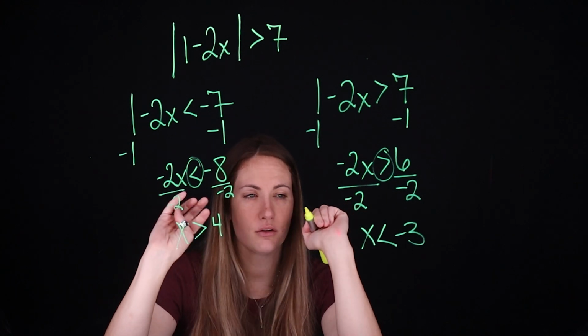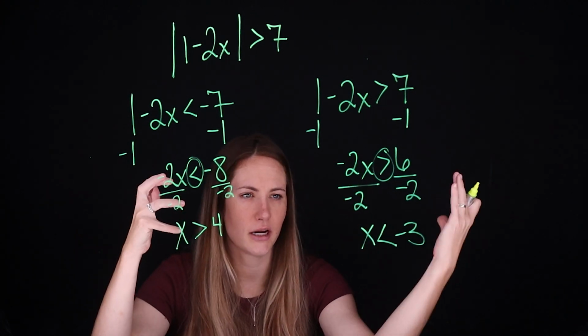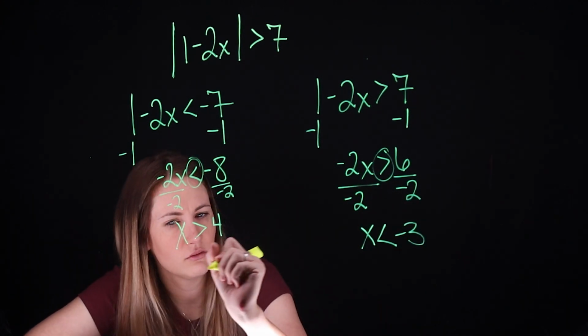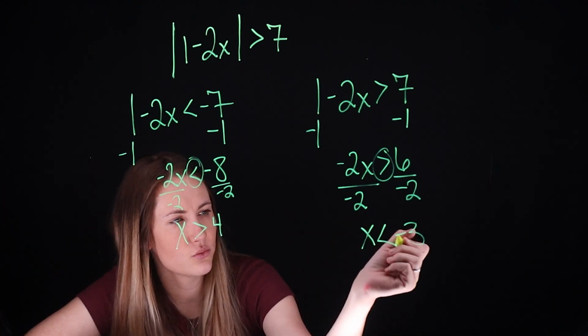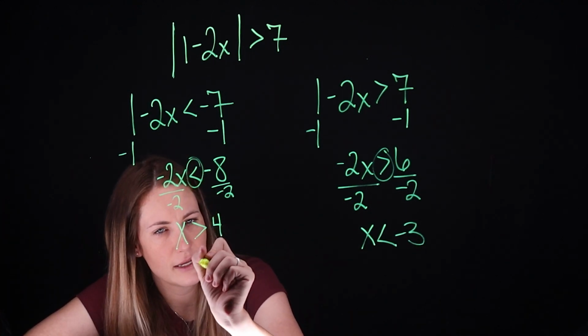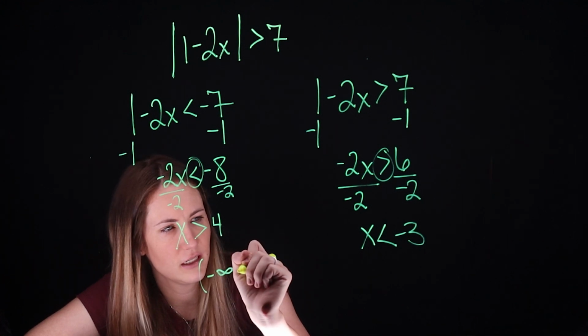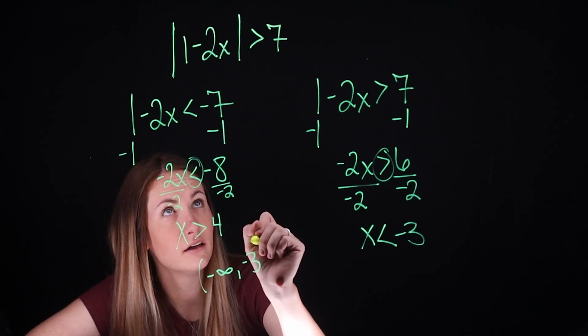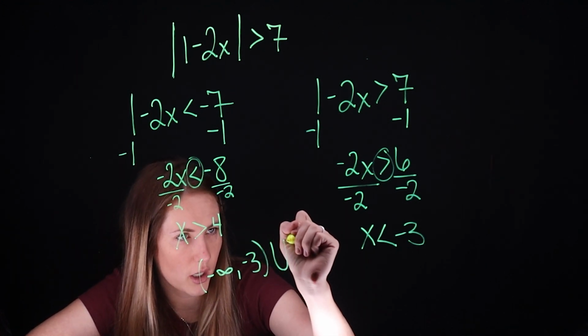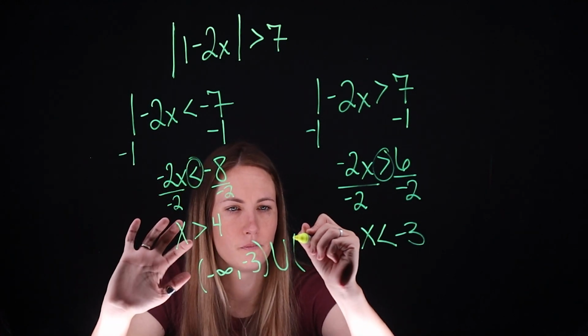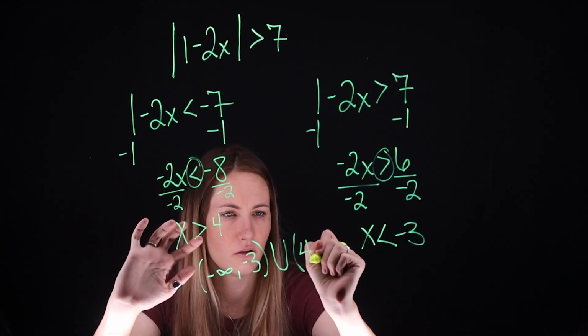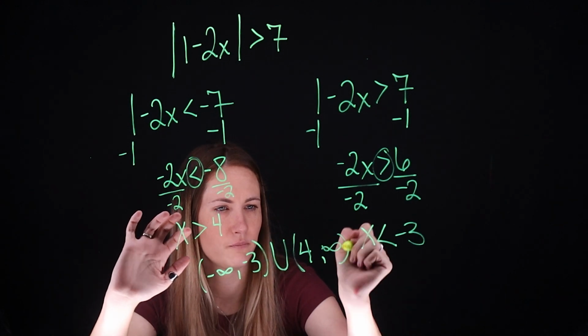When you do interval notation, it is always least to greatest. So our interval notation here, this one is smaller and it's less than. So it's going to go negative infinity to negative 3, or then this is our bigger one, 4 to infinity.